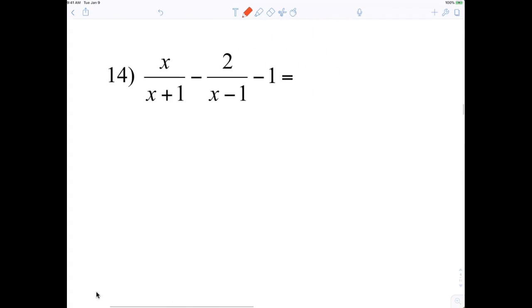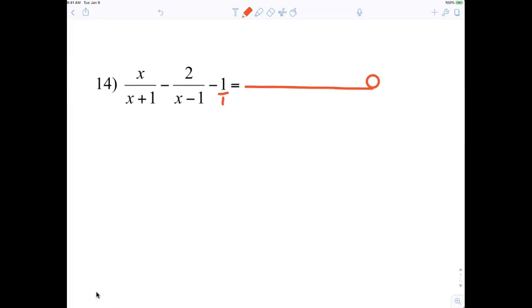Okay, number 14. All right. You got to be careful, please. What's the common denominator? X minus 1, x plus 1. That's exactly correct. All right, so everybody take a look at that. Make sure you're good. So you multiply the top of the first one by x minus 1.